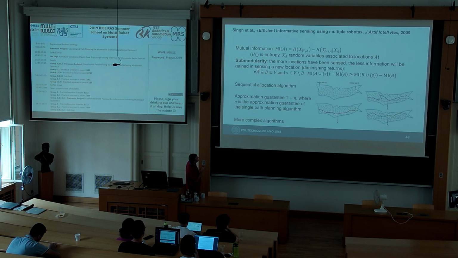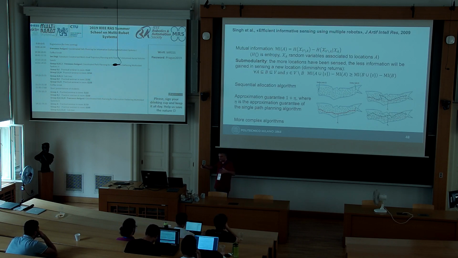If you have a set of sensing locations A and a set of sensing locations B, which is larger than A, and you take a new sensing location S, which is not in B, and so of course not in A, then if I add the new location to A, my gain will be larger than if I add the new location to B. So if I am already sensing in several locations, adding some new location in which I will make a measurement will provide me less than if I add it to a smaller set of sensing locations.